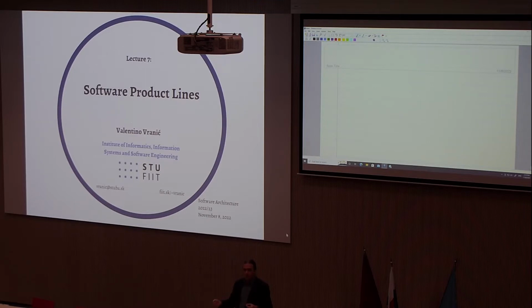So probably the problem is that we set our goal for achieving reusability a bit too high. We need to limit it in scope, and then we might be successful.